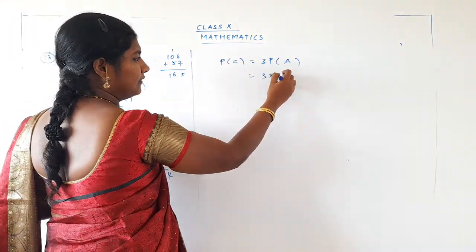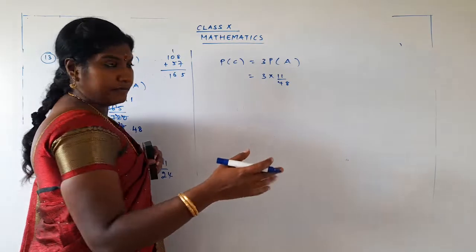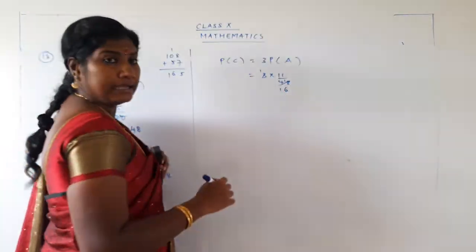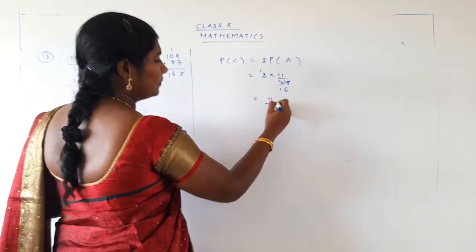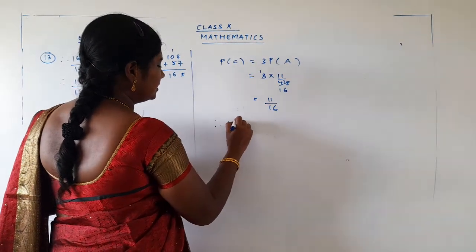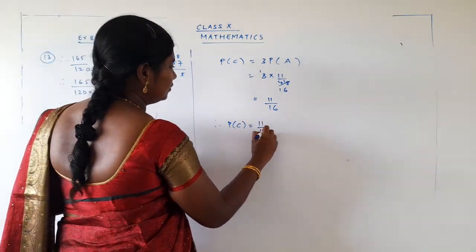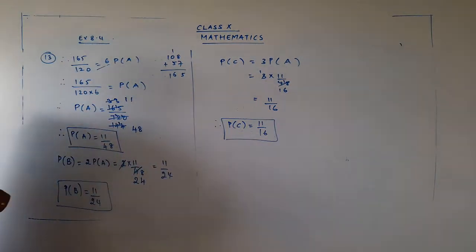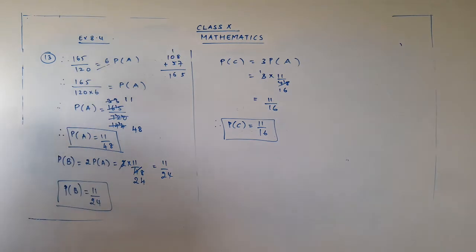So just multiply by 11 upon 48. Try to simplify further. 3 1s are 3, 1 left, 3 6s are 18. So the answer is 11 upon 16. Just mention here, therefore probability of C is equal to 11 upon 16.